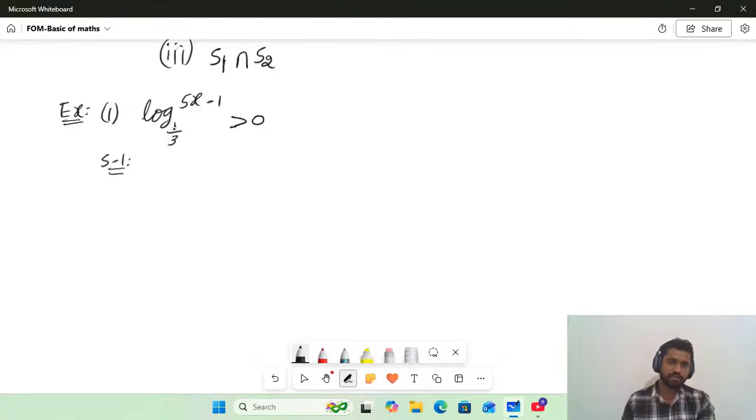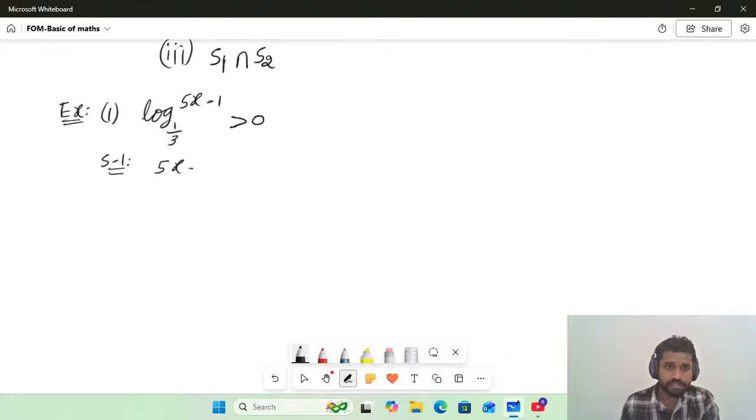The base is lying between 0 and 1. What is the value of 1 by 3? It is 0.33 recurring, right? So the base is lying between 0 and 1. Since the base is lying between 0 and 1, just change the sign of the inequality.